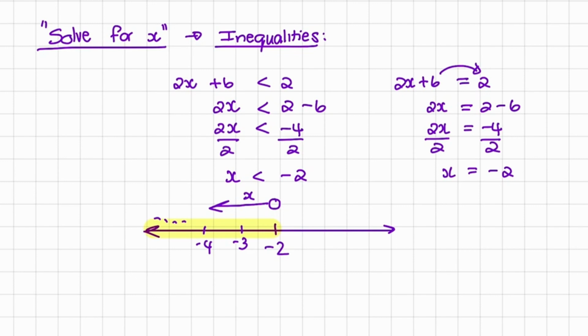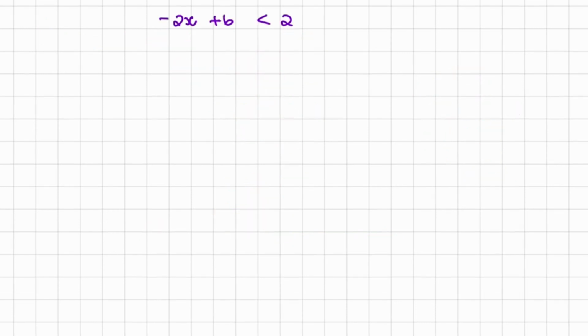But let us look at a second example where the direction of the inequality would change. So let us say we have negative 2x plus 6 is smaller than negative 2. So we would apply the same principle. We would say negative 2x is smaller than 2 minus 6.